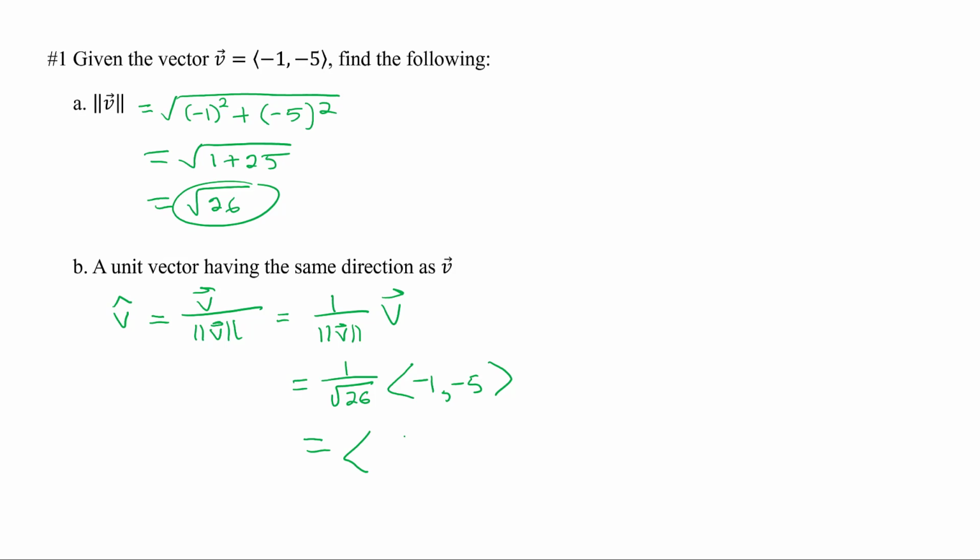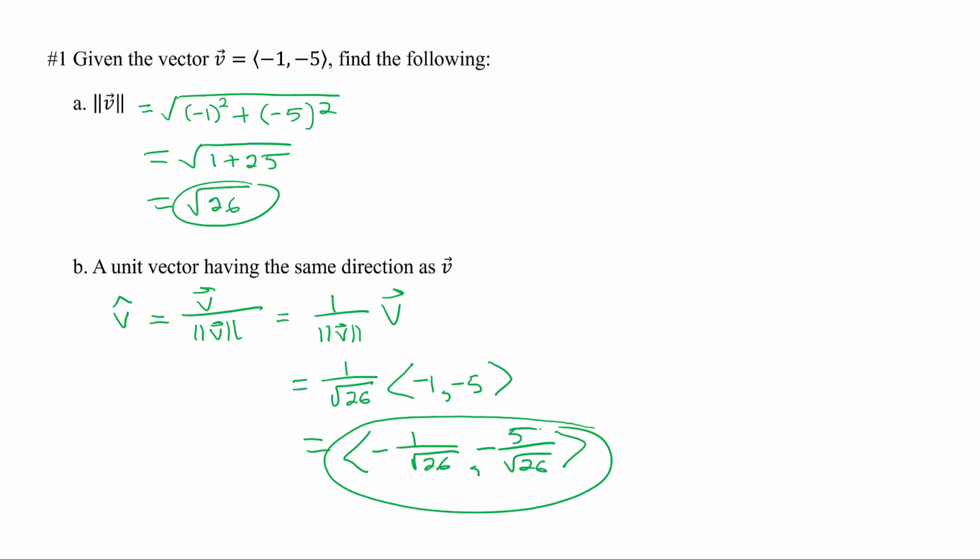We want to distribute 1 over square root 26 through to our vector using scalar multiplication. Here we end up with -1 over square root 26, -5 over square root 26. Okay, and we have our unit vector.